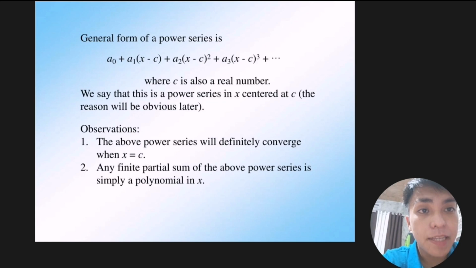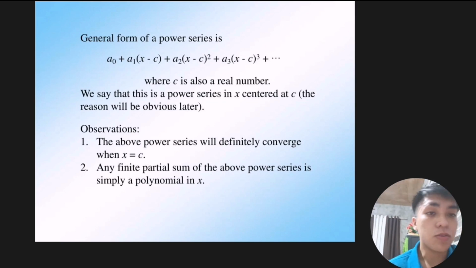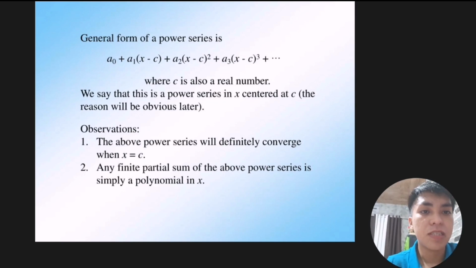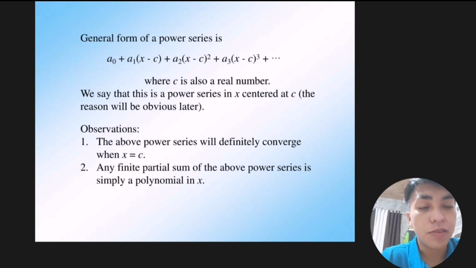This is a power series in x centered at c. The reason will be obvious in our next topic. For now we focus on the introduction to the general form.